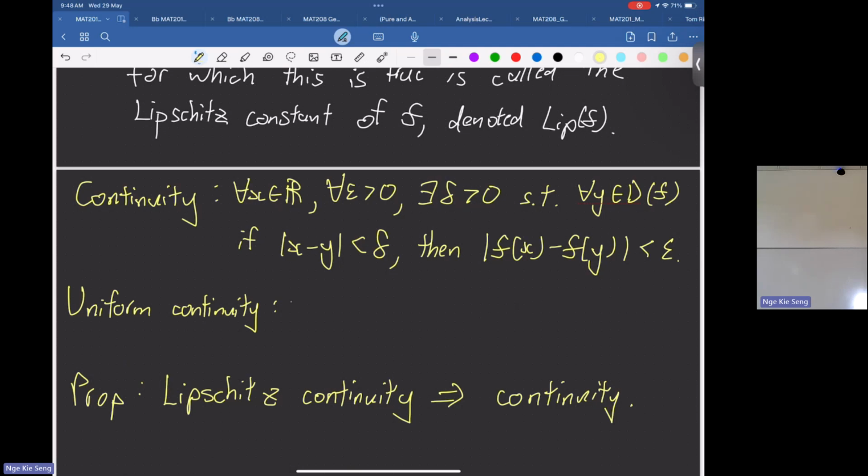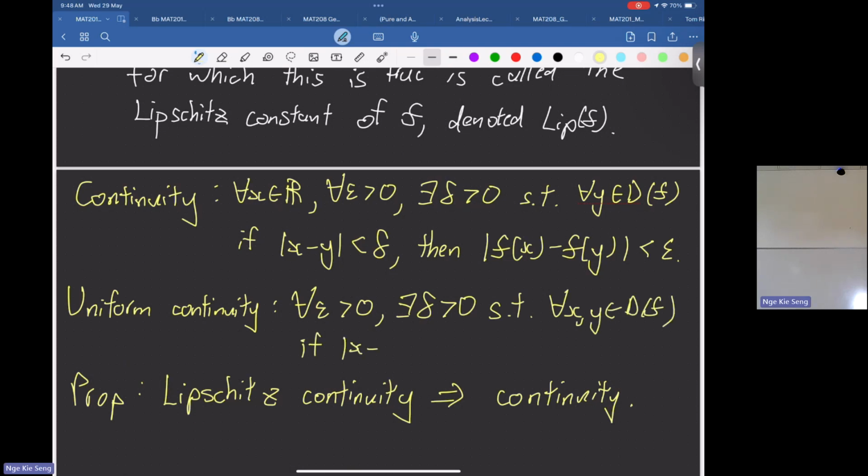But uniform continuity doesn't care about x. It directly works with every x and y in the domain: if the absolute value of x minus y is less than delta, then f(x) minus f(y) is less than epsilon.